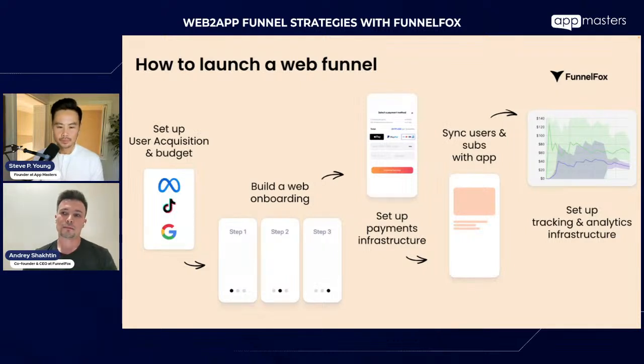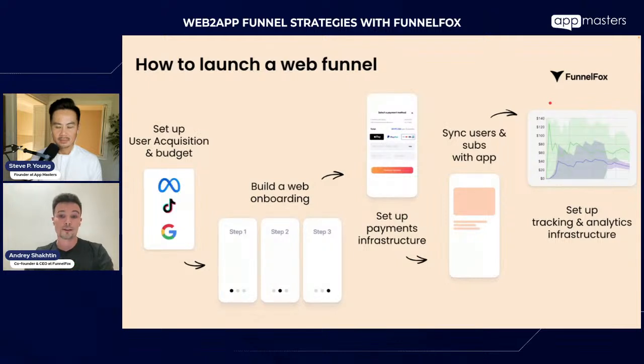The main important thing here is that the payment flow should be as smooth as possible, without any extra hiccups or obstacles for users, so it's easy to follow. After purchase, you need to synchronize the users and subscriptions purchased on the web with your app, and you can do it with services like Adapty or RevenueCat, or even an in-house solution.